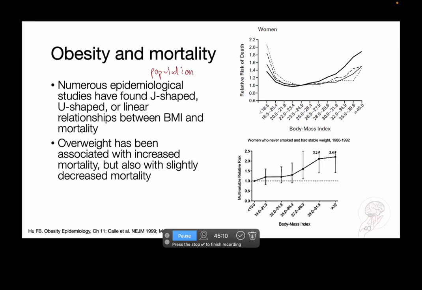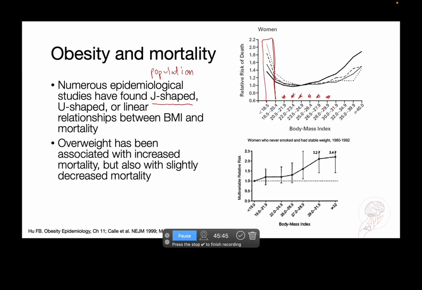studies show an interesting J curve. So if we look here at 18.5 and below 18.5, ooh, that line got a little crazy. Here we see increased risk of death. Now let's look, okay, it actually decreases down to when we're in the 20s, 24, it's even pretty low at 25, 25 to 27.